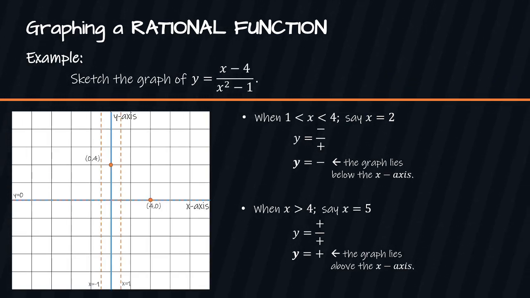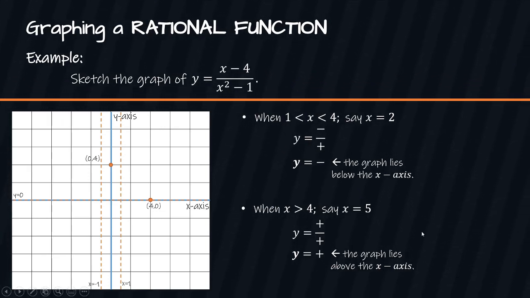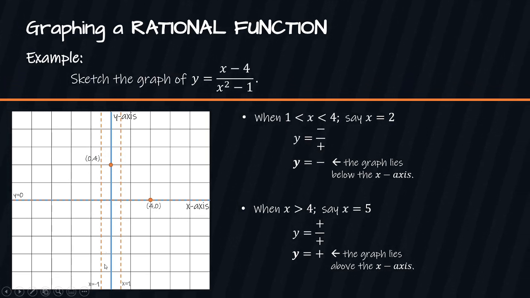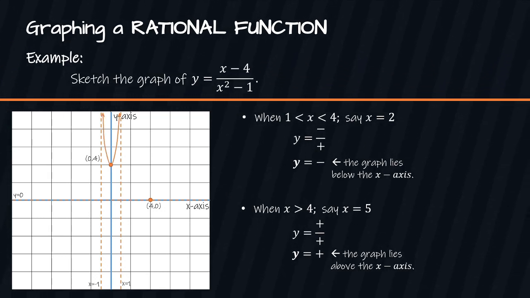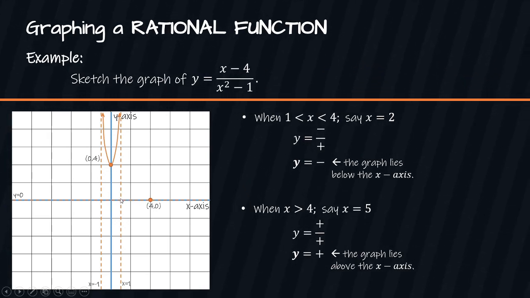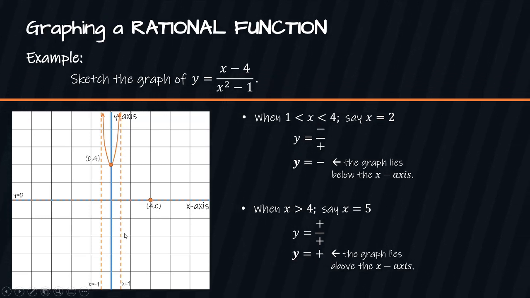So how do we draw based on this behavior? Between the vertical asymptotes of negative 1 and 1, we have the curve, since it says that the graph lies above the x-axis. For x less than 4 but greater than 1, the graph lies below the x-axis.